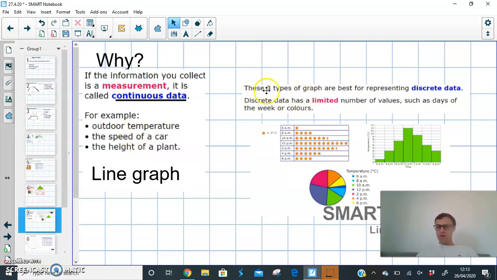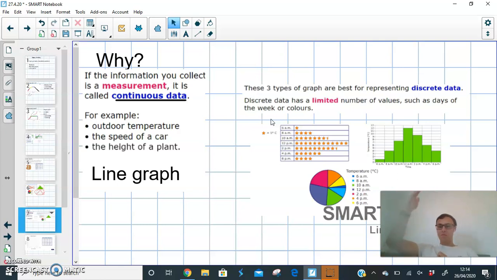Now, these three types of graph are best for representing discrete data. So that's data that you don't measure. Okay, so the pie chart, the bar graph, and the pictogram. Okay, discrete data has a limited number of values, such as days of the week or colours. So really discrete, there's only one possible option. So it's either Monday, Tuesday, Wednesday, Thursday, Friday.